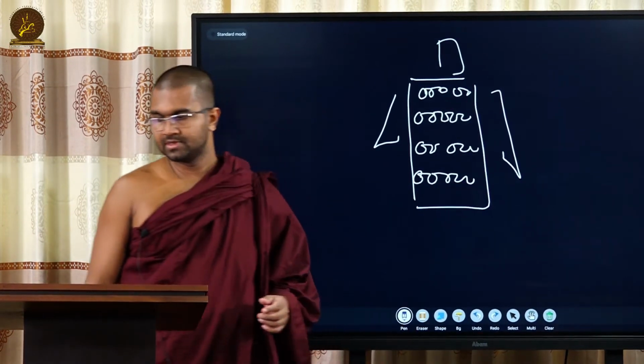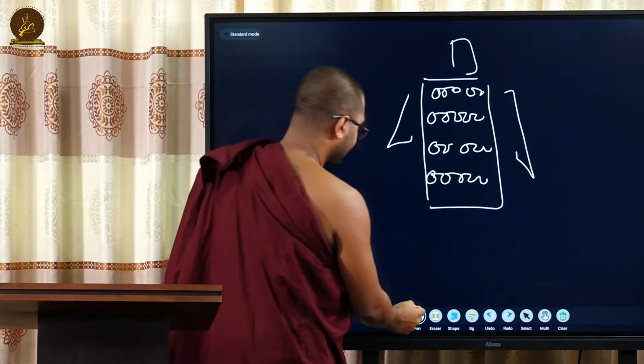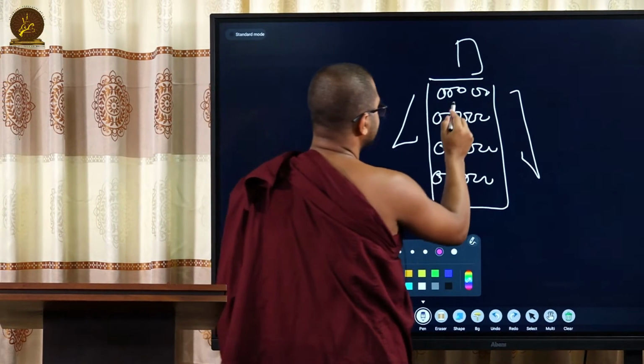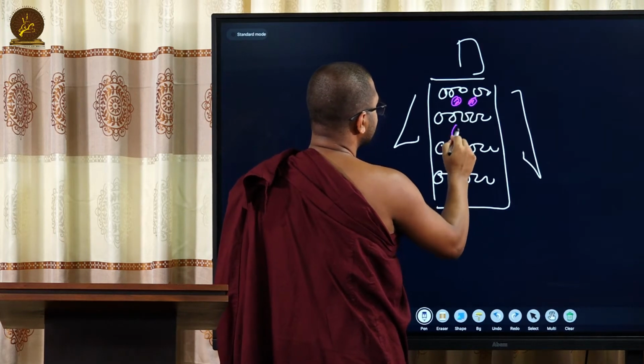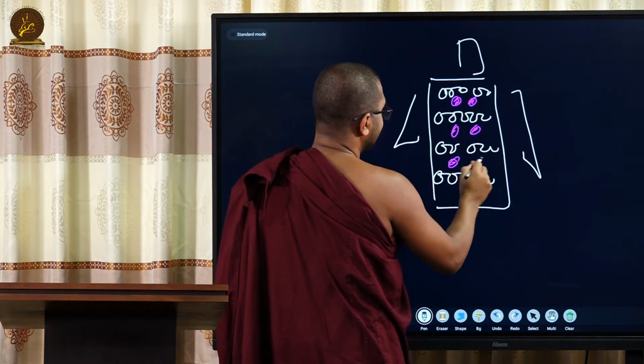And also there is a material quality called Jirapana Tejo, which has more Tejo. These Kalapas exist in the entire body.